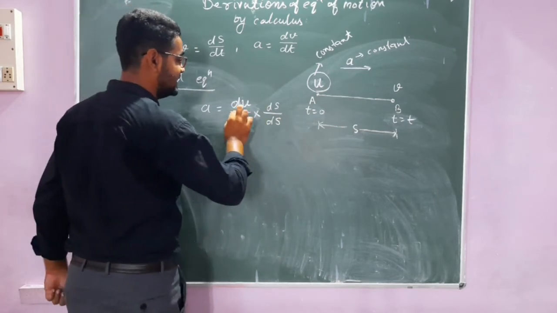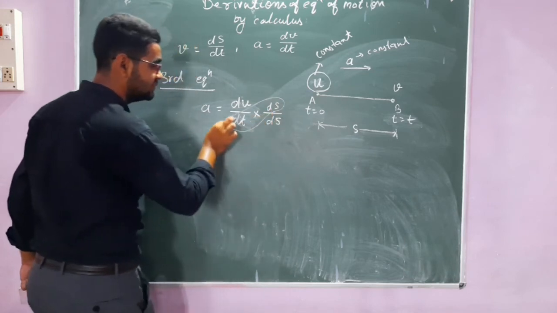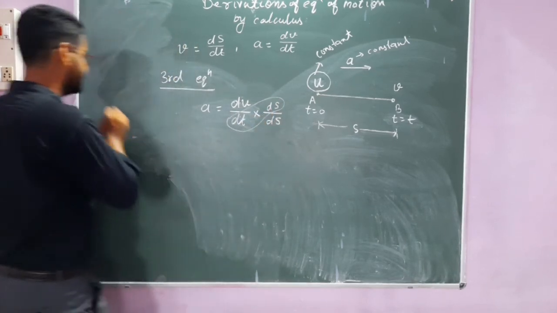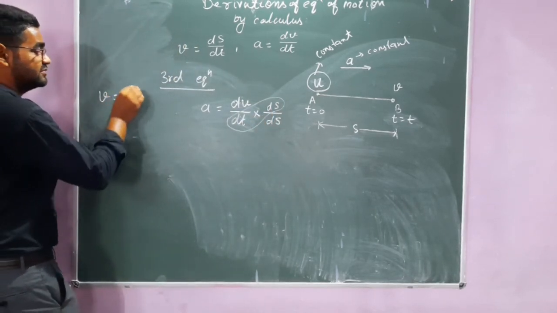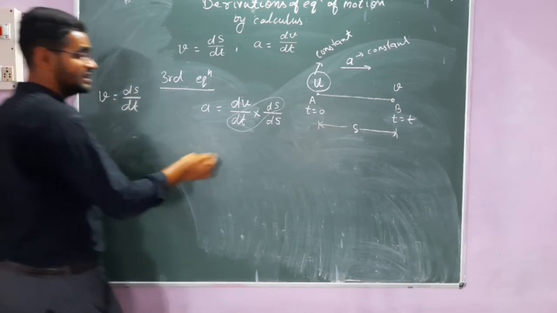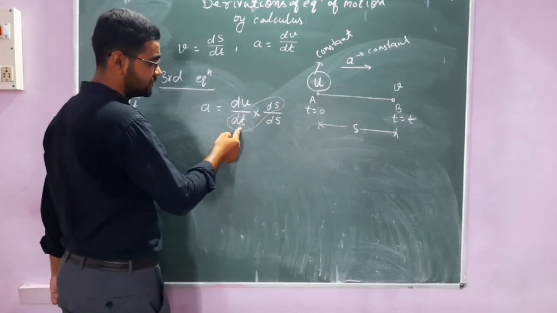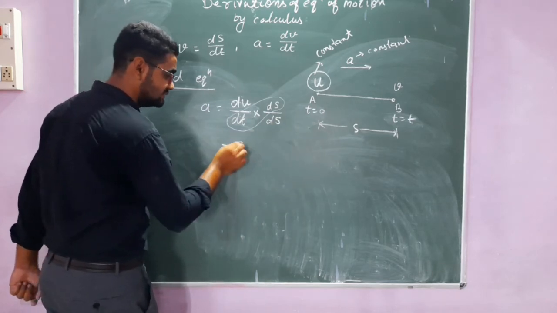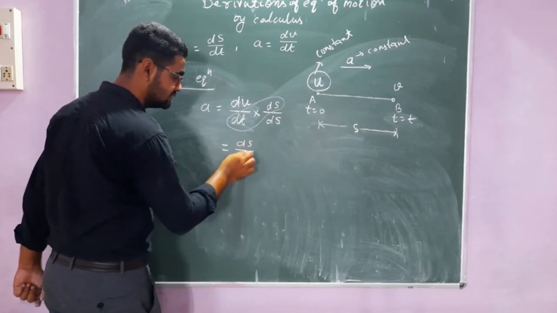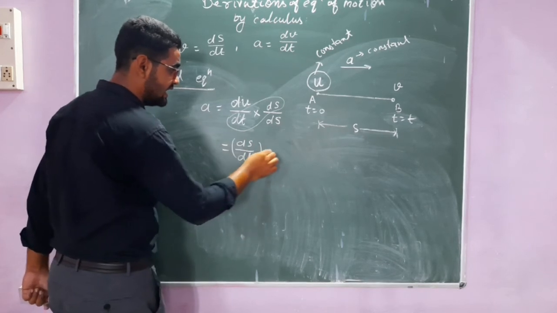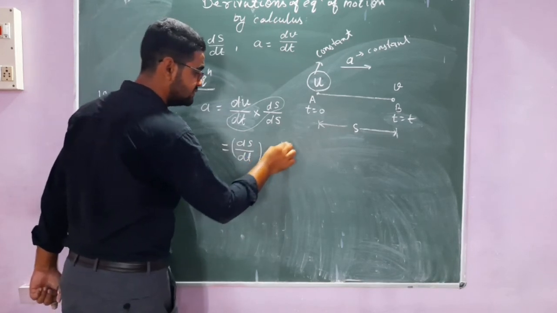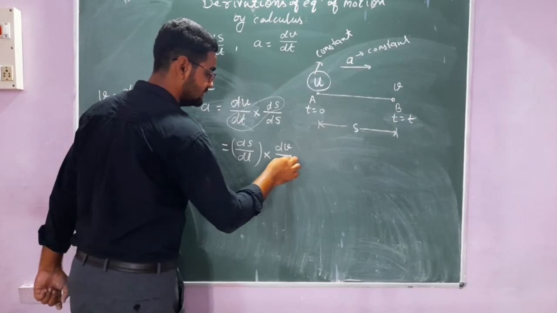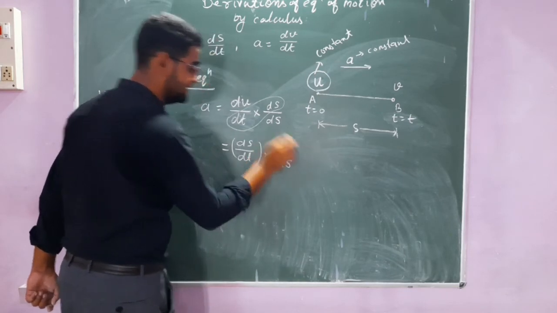But we can say that ds by dt is equal to v. So we can also write ds by dt, and here dv by ds.